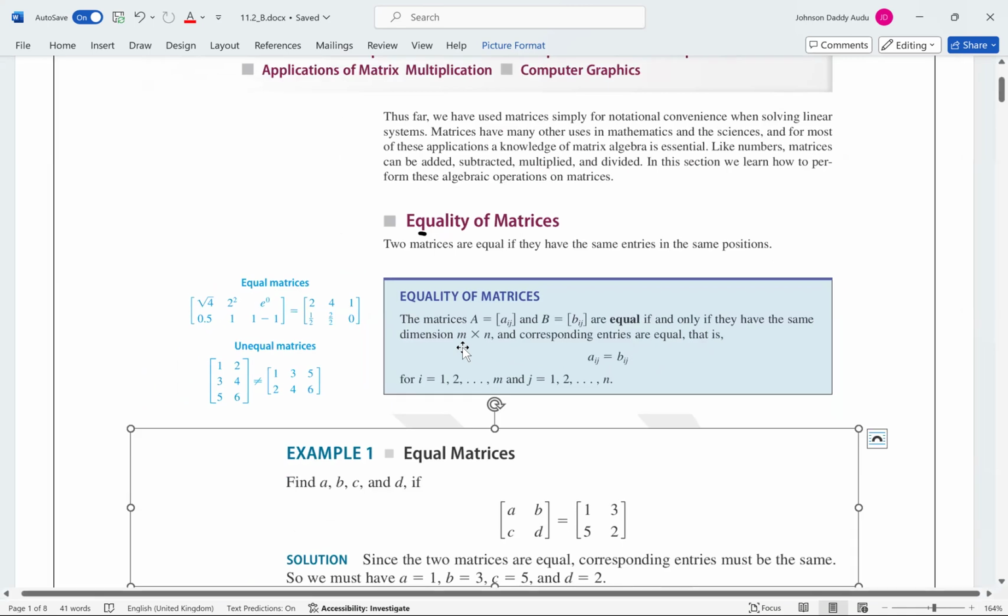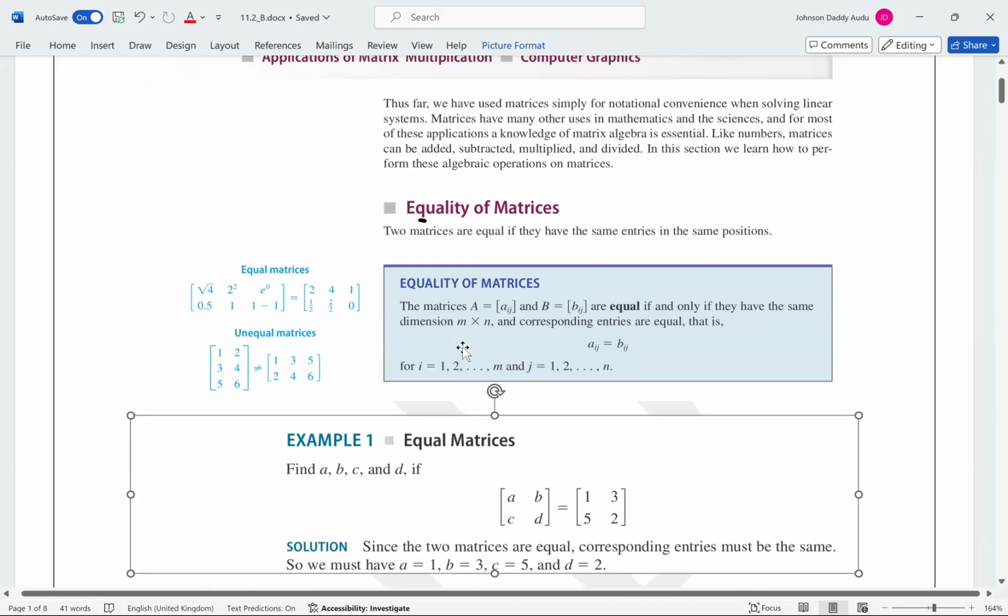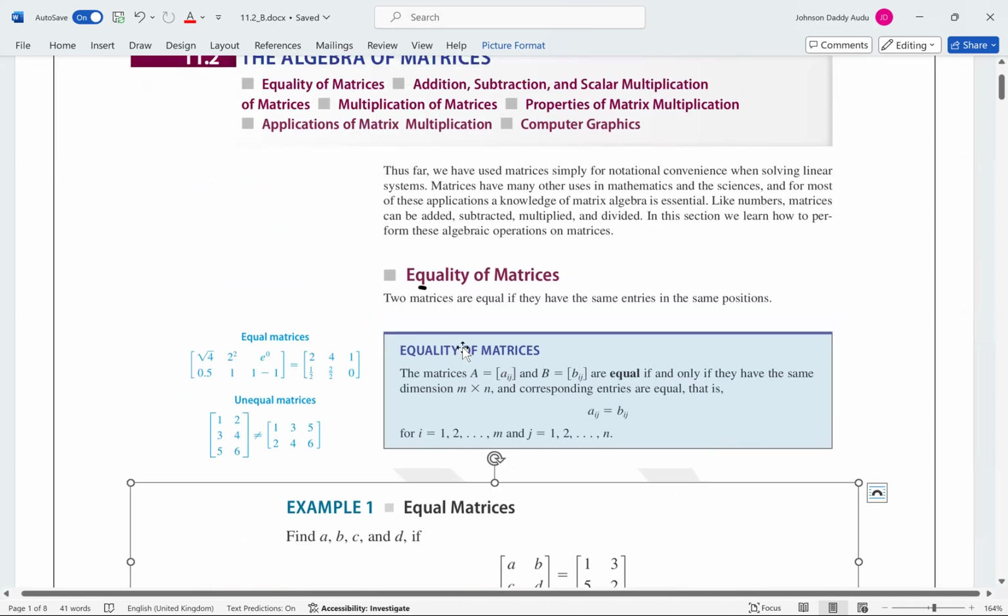And what is that condition? The first thing is that the two matrices must have the same dimension. And not just that, each individual entry must also be the same, right?